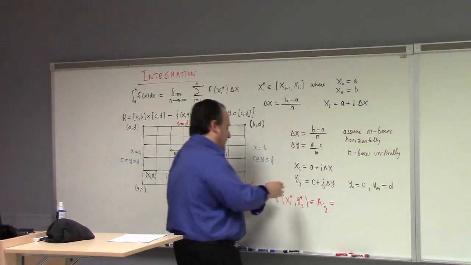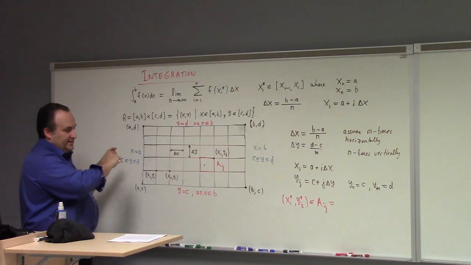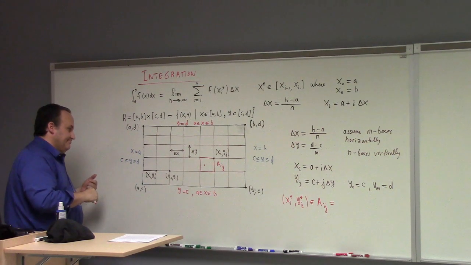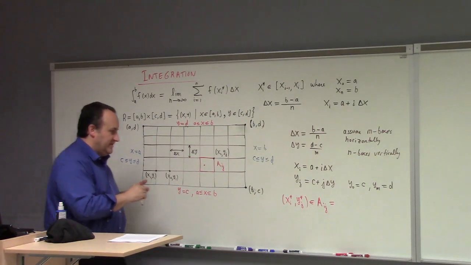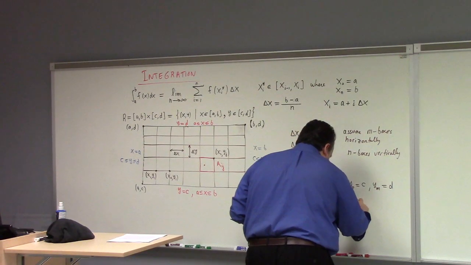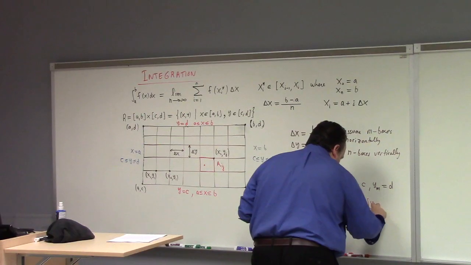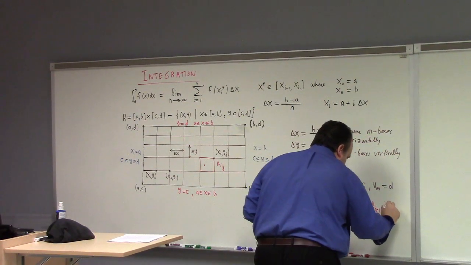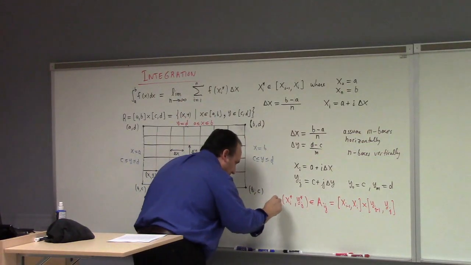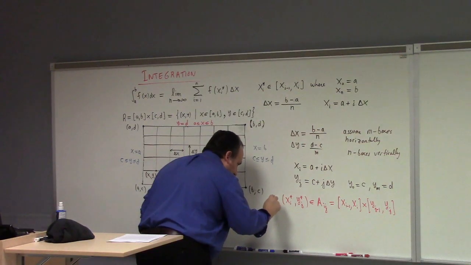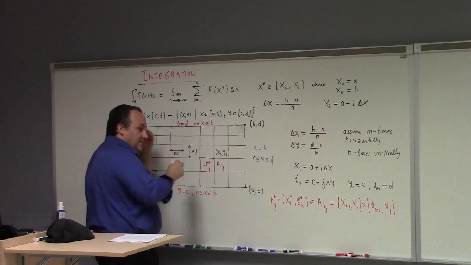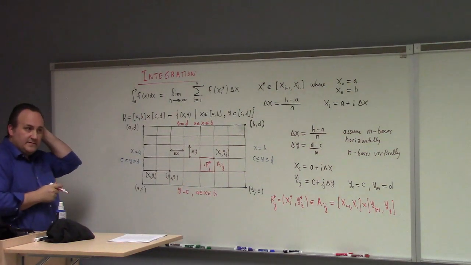Now that rectangle, I could also write as the Cartesian product of two little subintervals, one for x, one for y. This is x sub i minus 1 to x sub i, Cartesian product with y sub j minus 1 to y sub j. So what I'm saying is, let me call this point Pij star. This point, Pij star, is a particular sample point in that subregion.